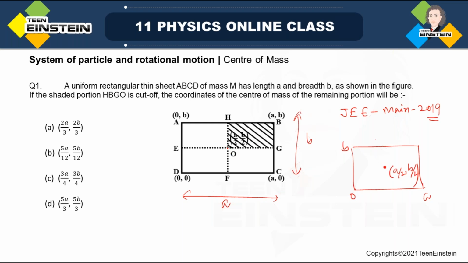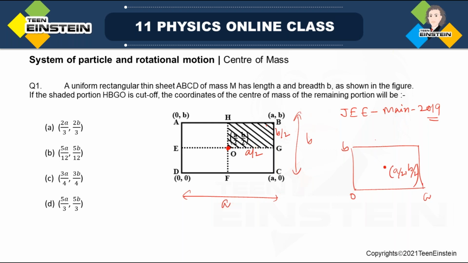So O is the center of mass when the whole sheet is there. Now from the whole sheet, this part is taken away. This particular shaded region has breadth B by 2, length A by 2.